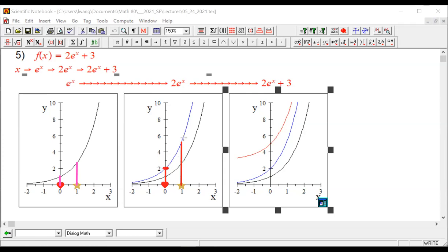This point and that point, they all shifted up by 3 units, right? You see this dot that was here, that was shifted up by 3 units. So this is 3 units. This is 3 units, okay? So everything shifted up by 3 units. But anyway, that was just a review of these transitions and shiftings.